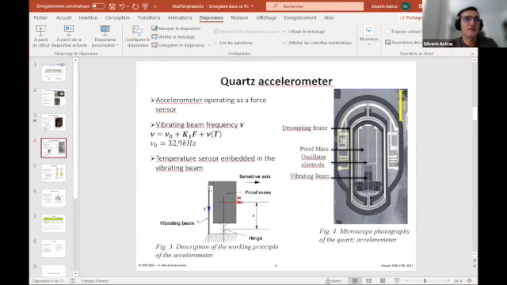When the constraint increases, the frequency increases. The frequency of this vibrating beam is 33 kilohertz, thanks to the piezoelectric property of the quartz. The change in frequency is proportional to the force received by the proof mass.